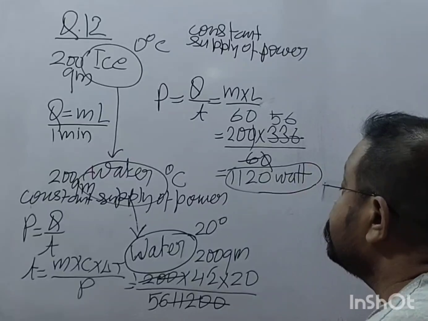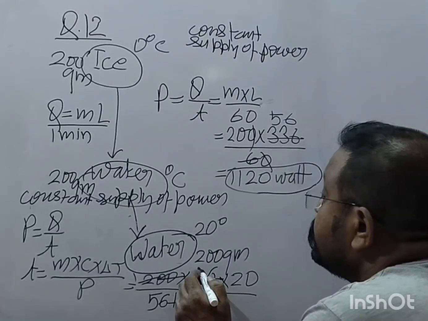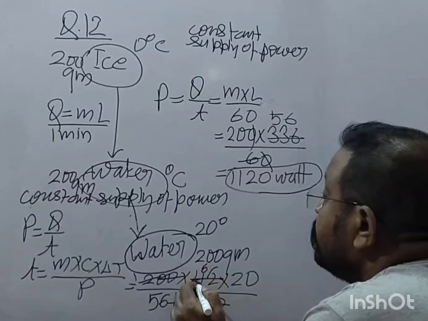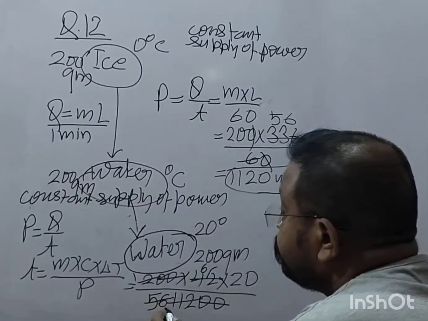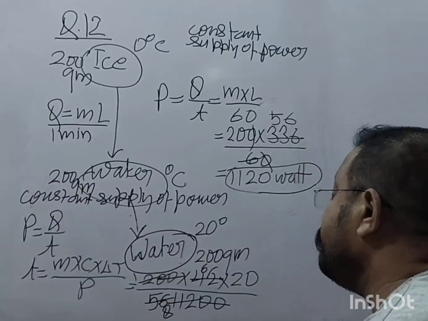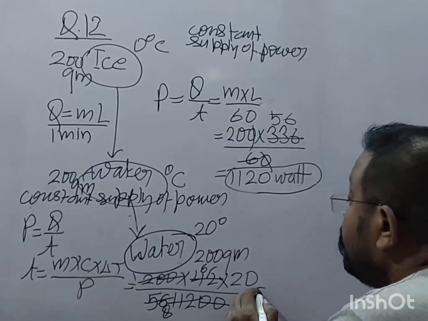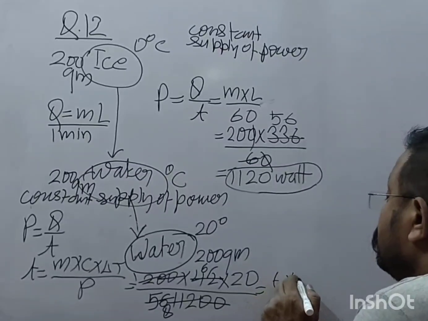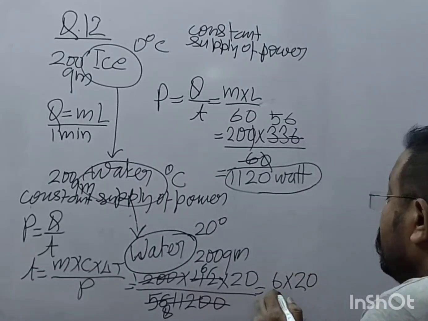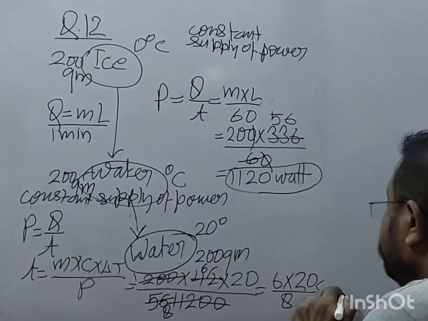So it is 56, and 6 times 7 becomes 42, and 8 times 7 becomes 56. So we can write here 6 into 20 upon 8 seconds, right?